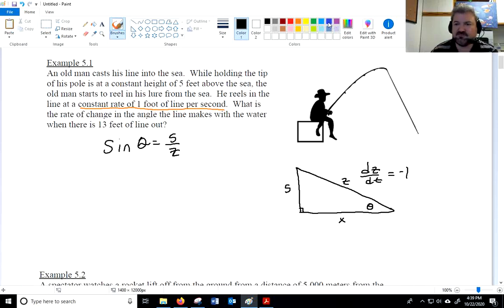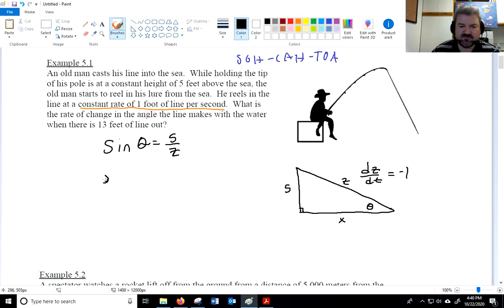That's just an old school little rhyme. For sine is opposite over hypotenuse, cosine is adjacent over hypotenuse, and tangent is opposite over adjacent. It's a nonsense word, but for some reason it sticks in your memory and it reminds you of the ratios. All right, well, let's take the derivative here.